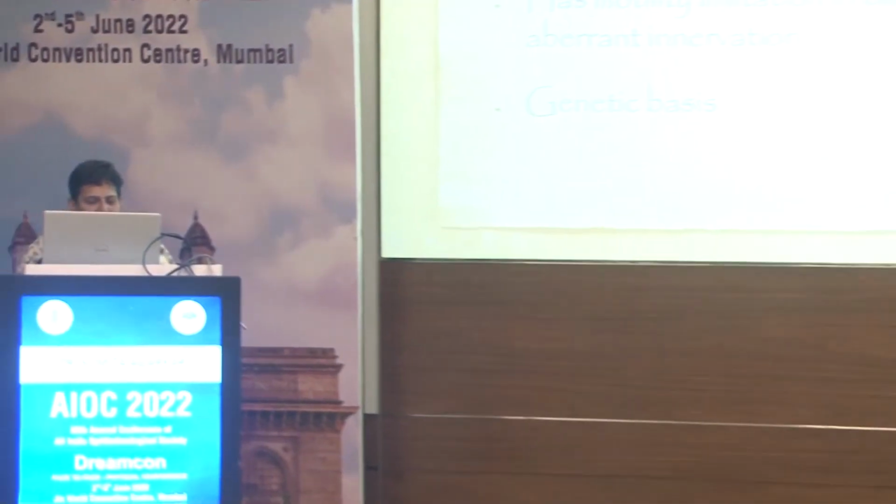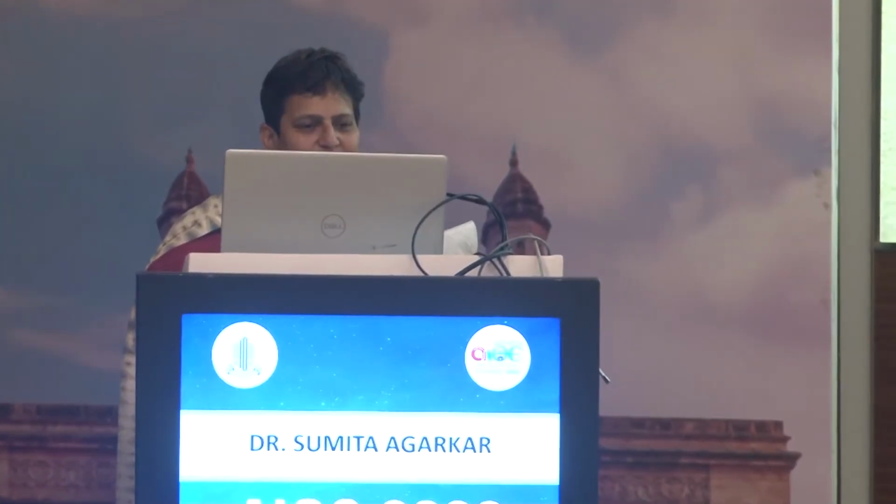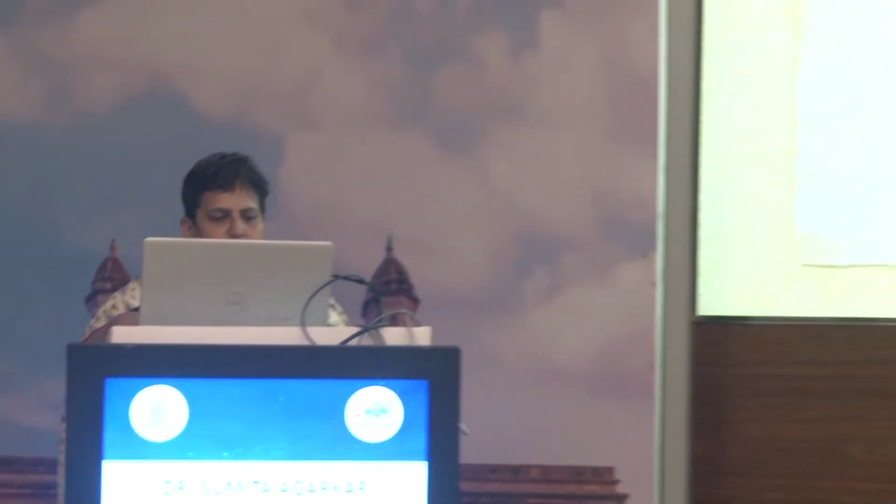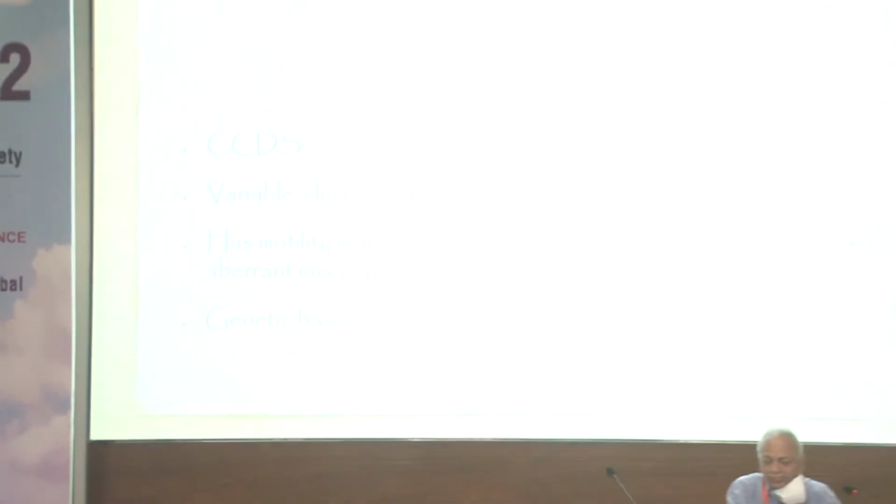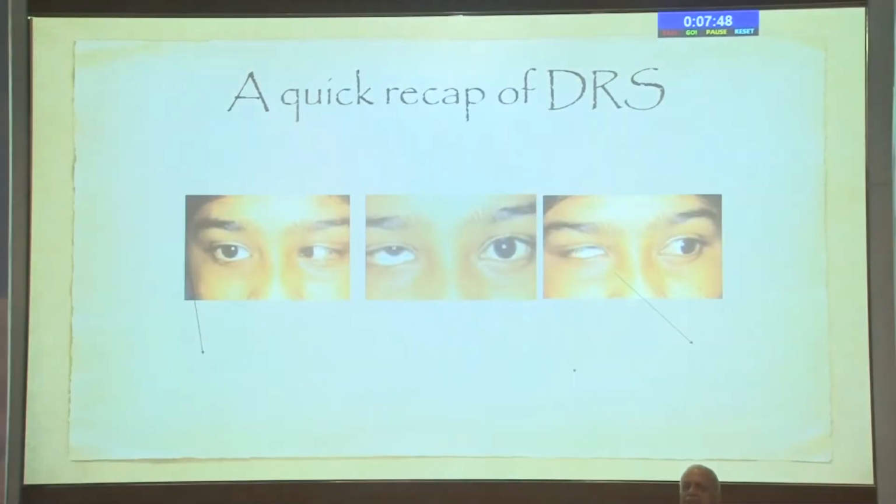Good evening, and thanks for being here despite being the last session of the day. So Duane syndrome, as we all know, has now been reclassified as cranial dysinnervation syndrome. It has variable clinical features, the main parts of which are a motility limitation in combination with features suggestive of tight muscles.